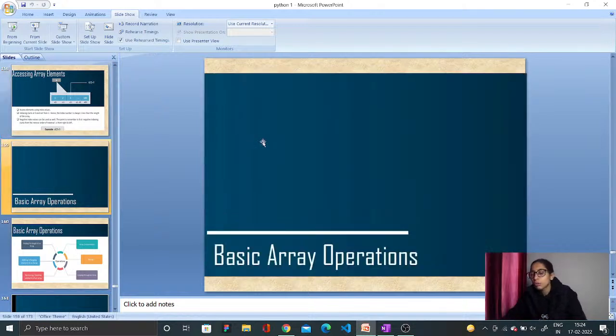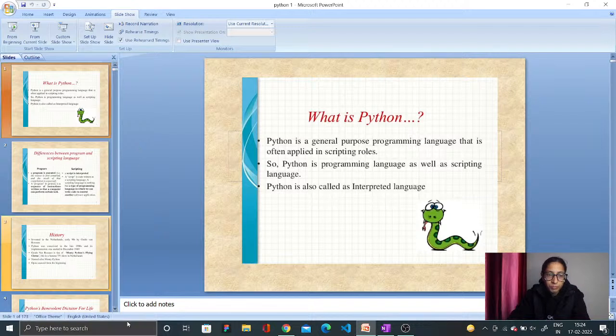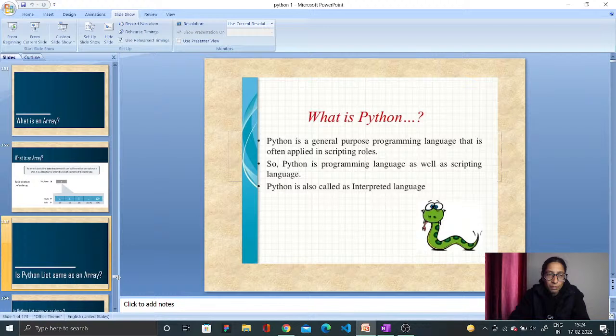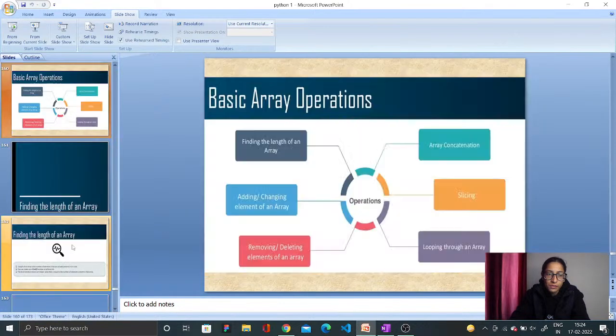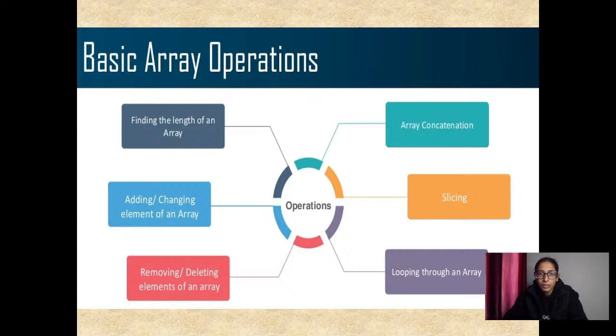This is your example of accessing array elements. Now, what are the basic operations of an array? They depend upon six operations. Number 1 is finding the length of an array.